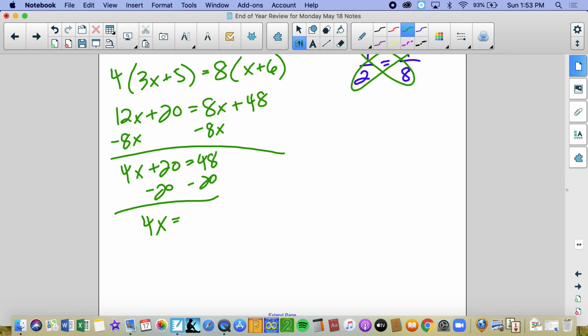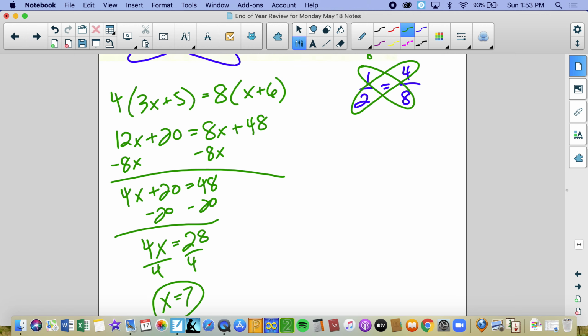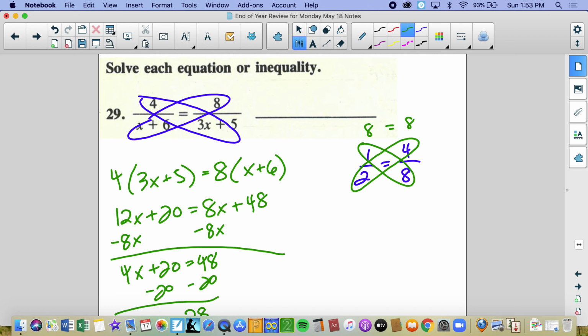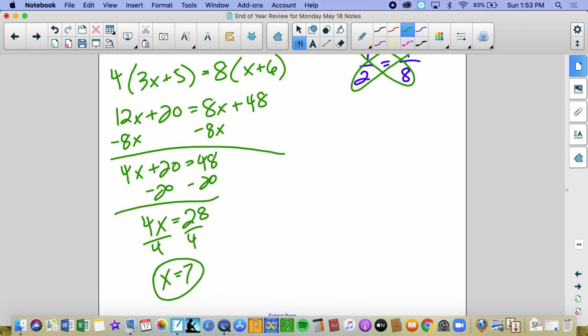We get 4x equals 28, divided by 4, x equals 7. Now, we have to make sure that when we put 7 in the denominator that it doesn't make a 0. So if we plug 7 in, that's okay. And if we plug 7 in there, that's okay. That does not make it 0. So my only solution is 7.